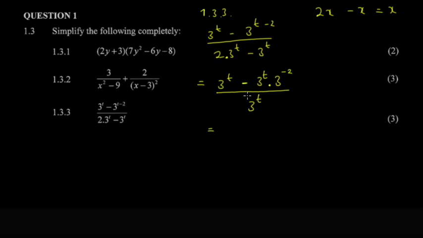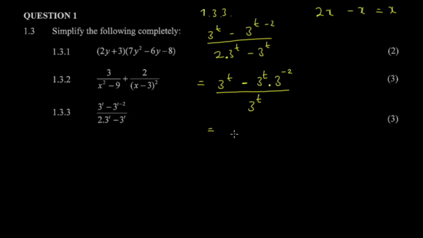And here, you can actually factor out 3 to the power t because it's common on the numerator. So you'd have 1 minus 3 to the power negative 2, divided by 3 to the power t. Here you'd have to cancel stuff.